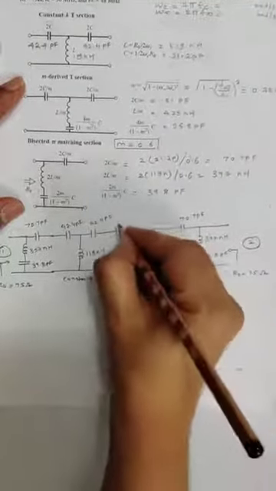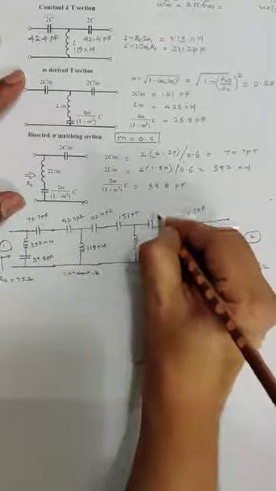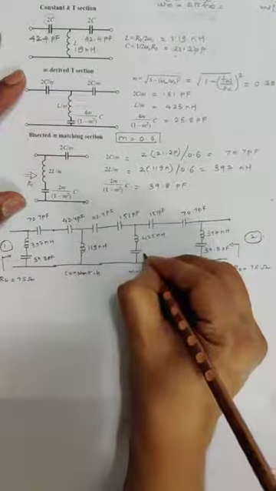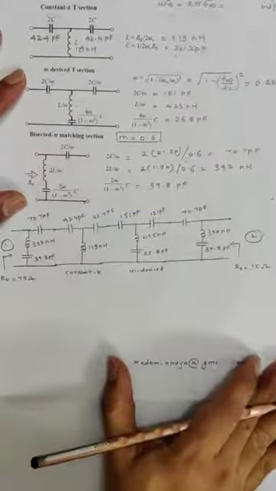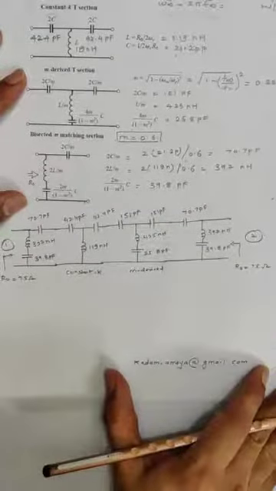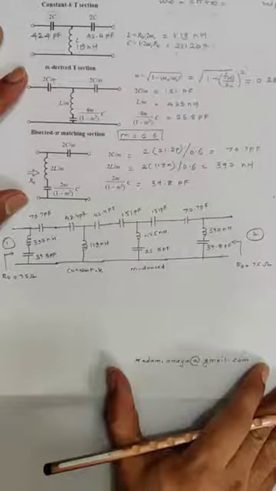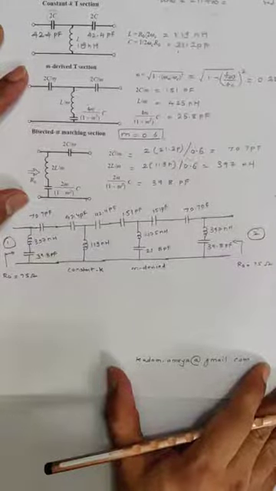So this value is 151 pico. So that completes the design of the composite high pass filter by the image parameter method for the given specification.